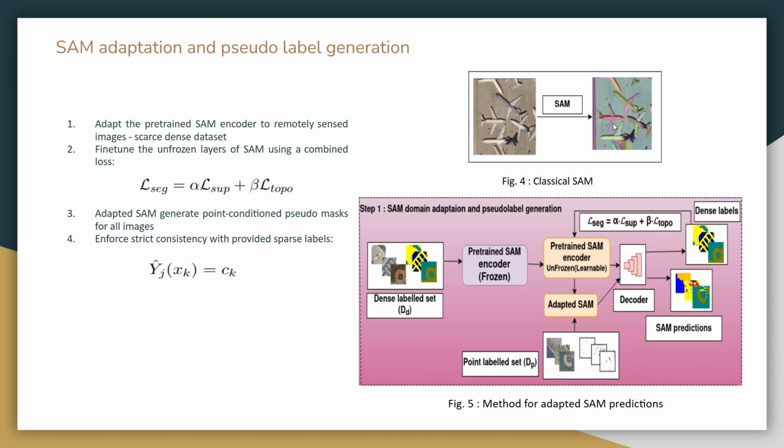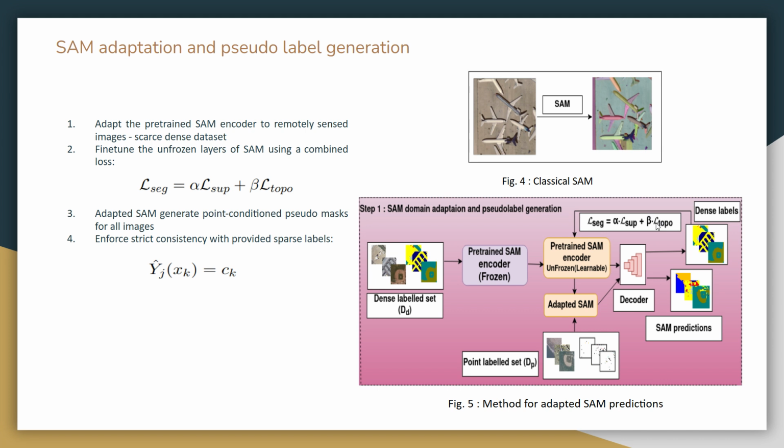Therefore, we have to perform limited supervised adaptation using the small dense dataset. The encoder is mostly frozen to preserve general information, while selected layers are unfrozen to learn remote sensing semantics. Training uses a combined loss: supervised segmentation loss and a topology loss enforcing boundary consistency.